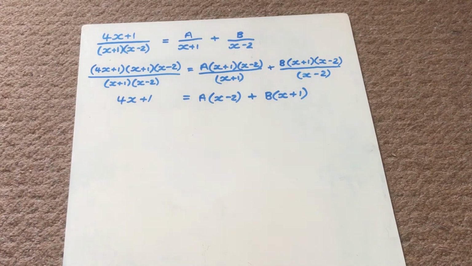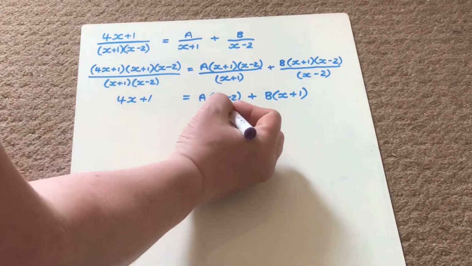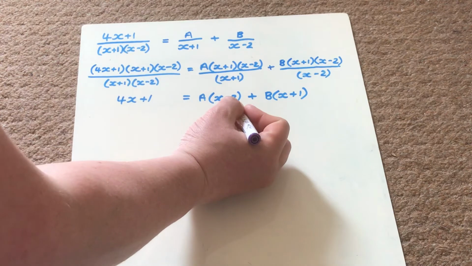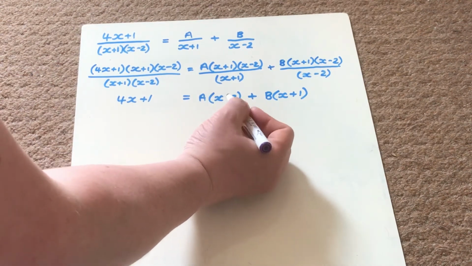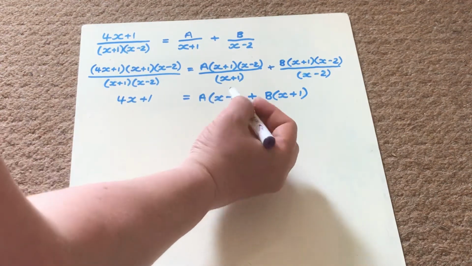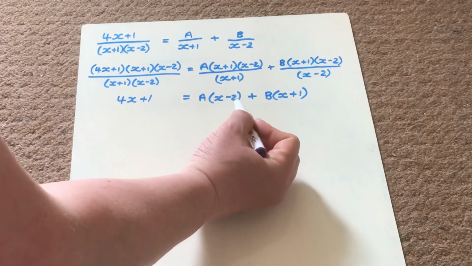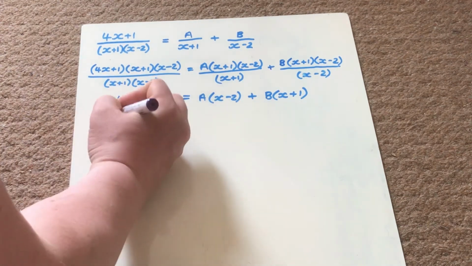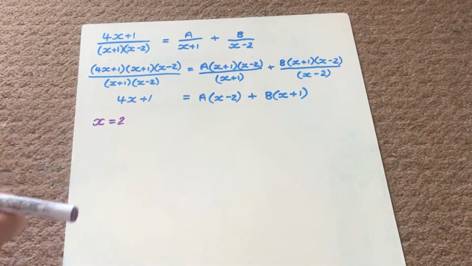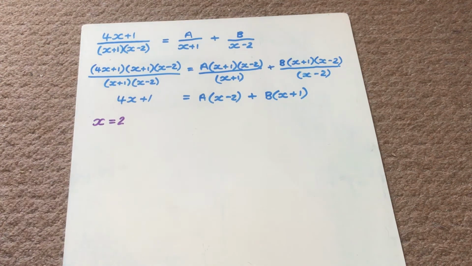However, by choosing our value of x carefully, we could eliminate either A or B. So I'm going to start off by eliminating A. So I look at the bracket next to the A. In order to eliminate A, this bracket must be 0, because then 0 times A is 0. To make that bracket equal to 0, x would need to be 2. So the first value of x I'm choosing is x equals 2.